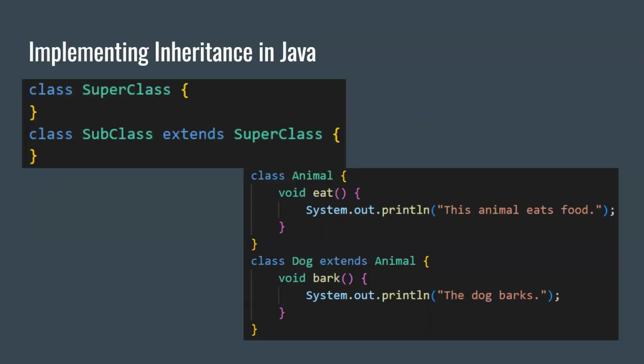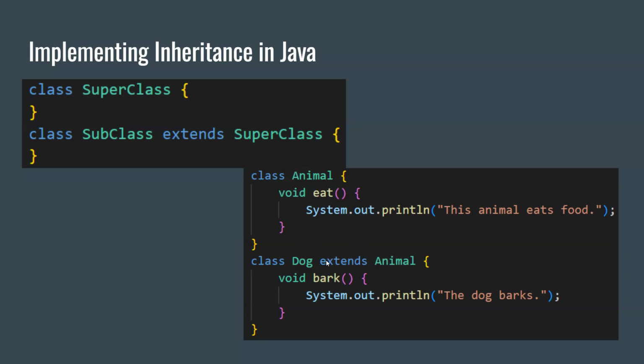Here is an example of implementing inheritance in Java. The way you do it is you define a superclass as you would normally do, and then create a subclass using the extends keyword, followed by the superclass name. So if we look at an example with an animal class and a dog class, we can see that the dog class extends animal.